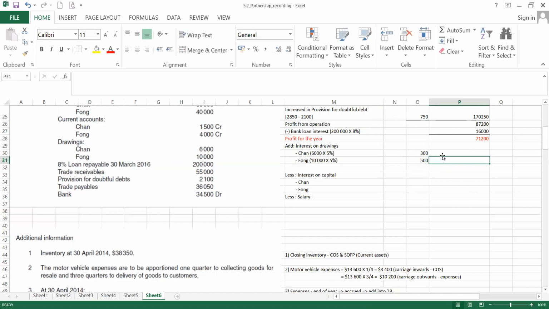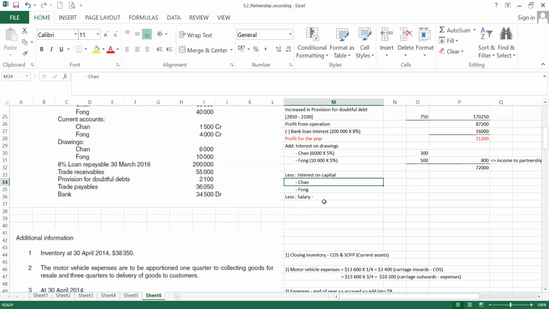So we get 800. So add these two amounts. Okay, take this plus, add, because this is an income to the partnership, which is the expenses to the partner.